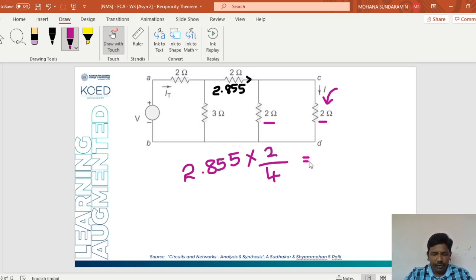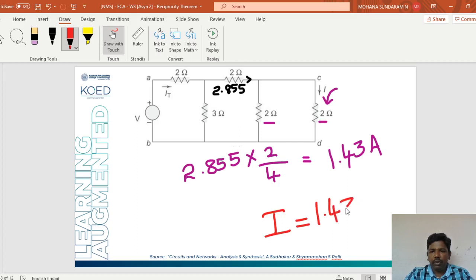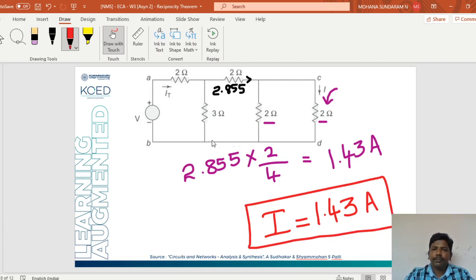Again it will be half of this, that will be 1.43 amps. Okay, so now we have found out the answer, which is the current I is equal to 1.43 amps.